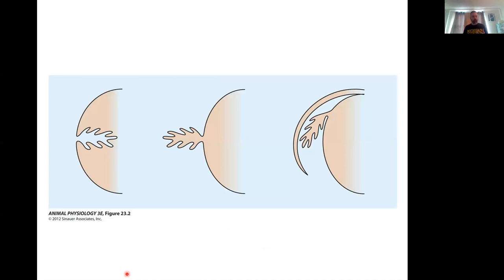And these respiratory membranes can take multiple different forms, right? So we can have internal, like a lung, which is a term that we're going to use, the pulmonary.